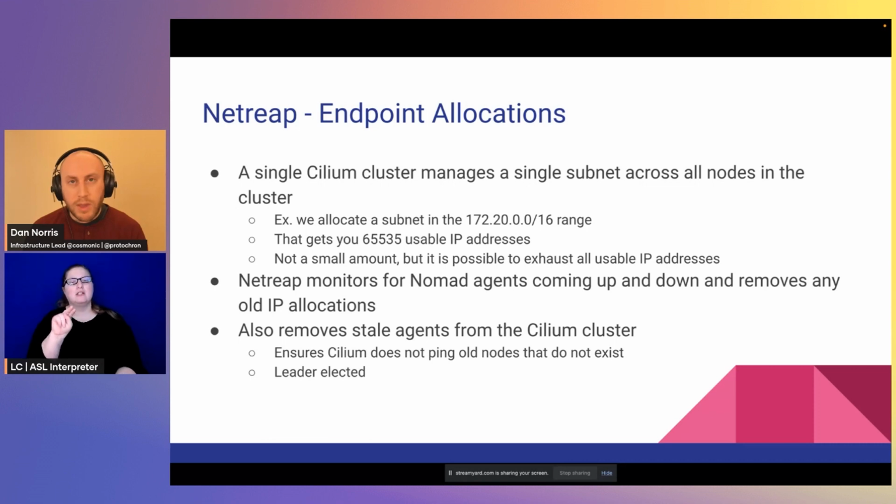One of the things it does, it monitors for Nomad agents as they come up and down. It goes through and periodically cleans up old IP allocations as jobs spin up and down. And the reason it's monitoring new Nomad nodes in particular is that it is also removing stale agent entries from the cluster. One of the things that Cilium does is it health checks the whole cluster, right?